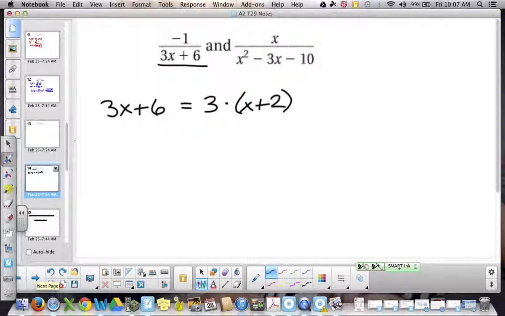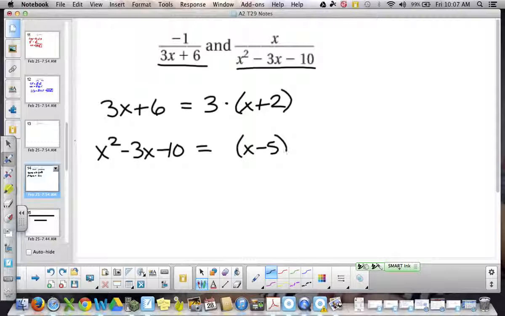And then x squared minus 3x minus 10 is our other denominator. The factors of that would be x minus 5 times x plus 2.